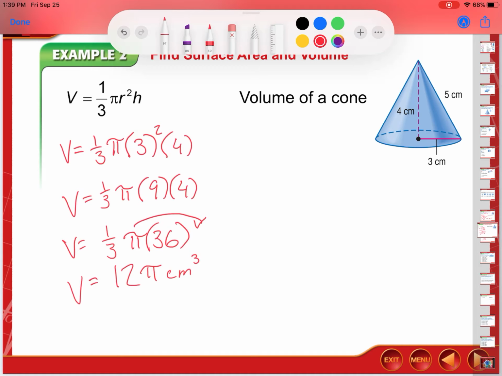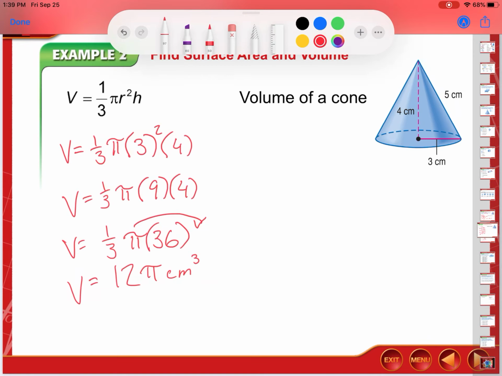So we can also multiply this out if we'd like. Where's my pi button on this calculator? It's been a long time since I've used one of these. I know it's on here somewhere. There it is. Second, there.